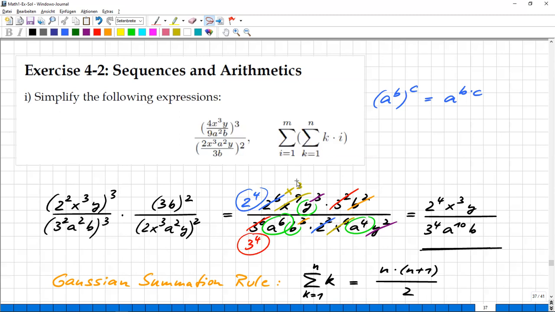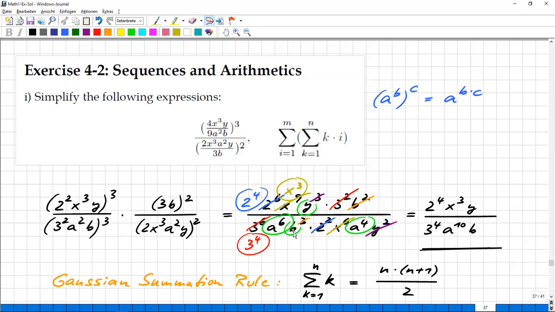I should have circled this one also. So then, in the end, it's 2 power 4, x power 3, y, and below it's 3 power 4, a power, look at this, a power 6 times a power 4 means a power 10. Of course, you can add exponents. That's the first law of potency. So then we have 3 power 4, a power 10 times b, and that's it.